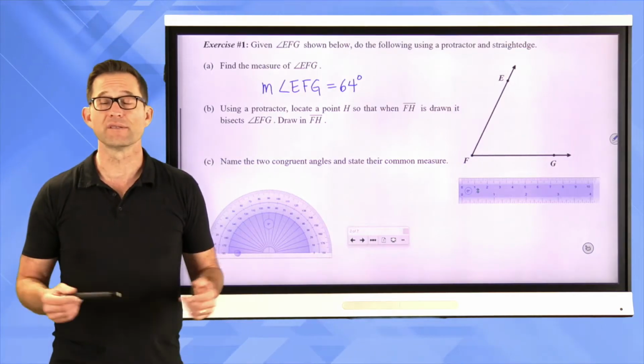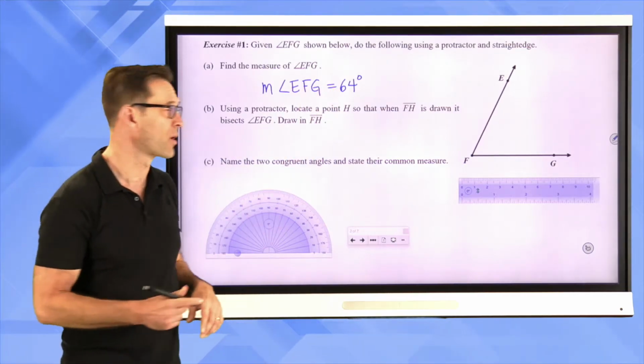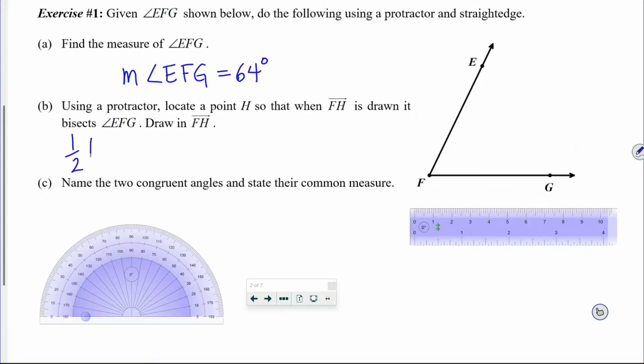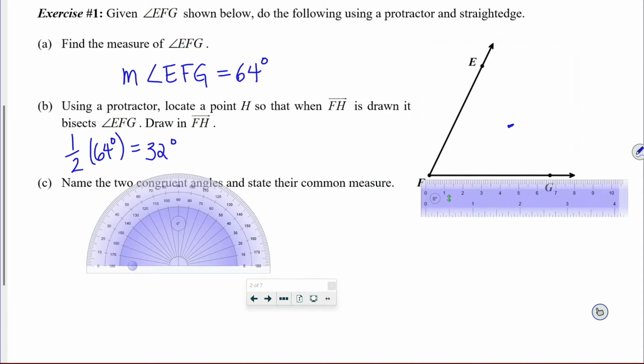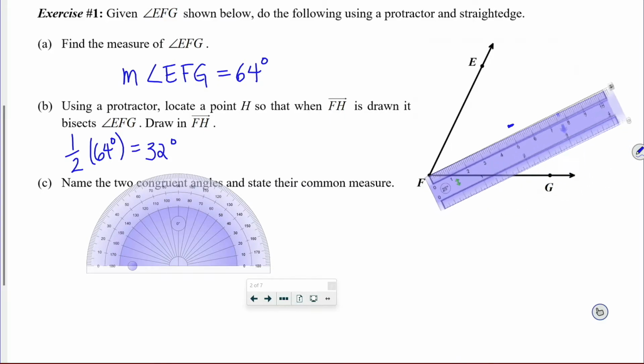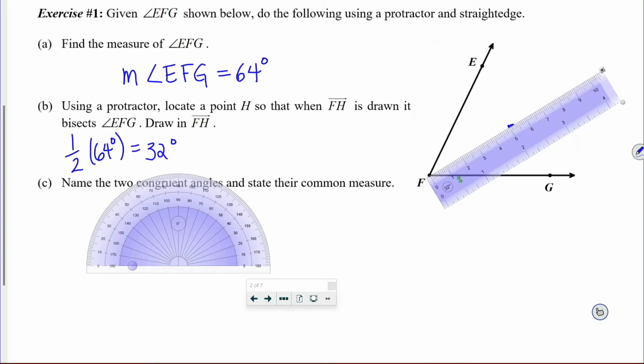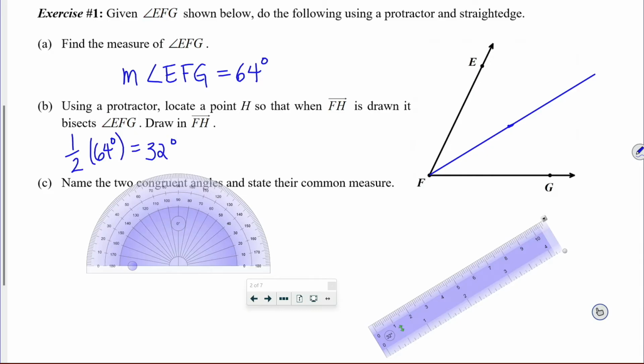All right, well, the key obviously is going to be what is half of 64? Okay, so I'm just gonna write this down. 1/2 times 64, or 64 divided by 2, is 32 degrees. So if I bring my protractor over, again, put the center right at F, and I do the best job I can of finding 32 degrees, right about there, okay, I can then draw a ray that goes through that, and I can actually locate point H anywhere I want on this ray.